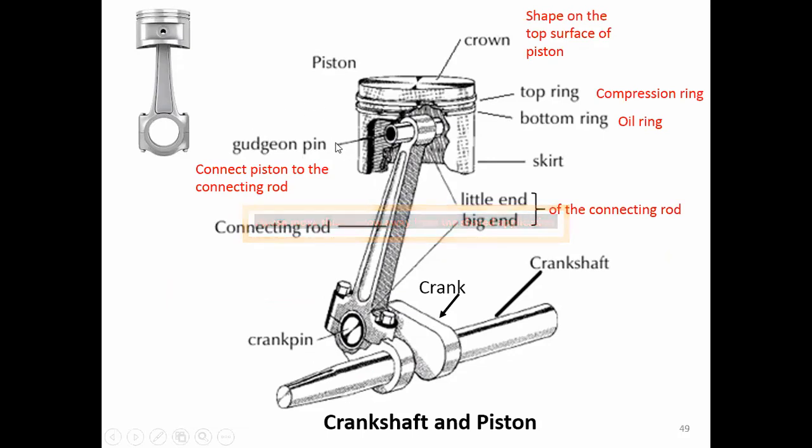The upper pin we call the gudgeon pin. The lower pin is the crank pin. Why do they not use a screw in both the upper end and the lower end? Why?